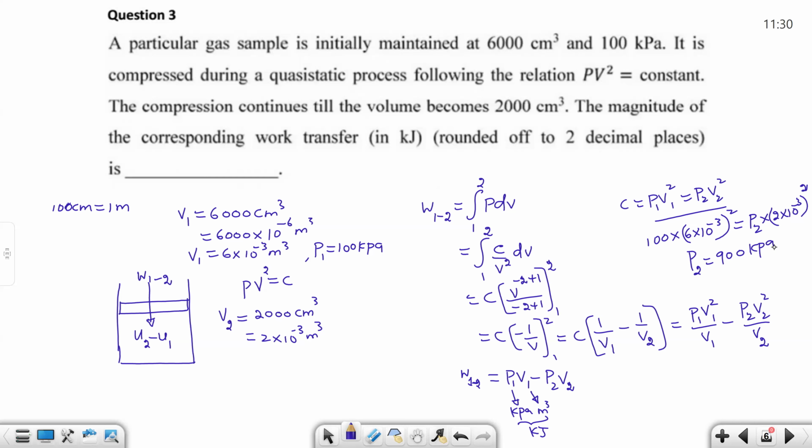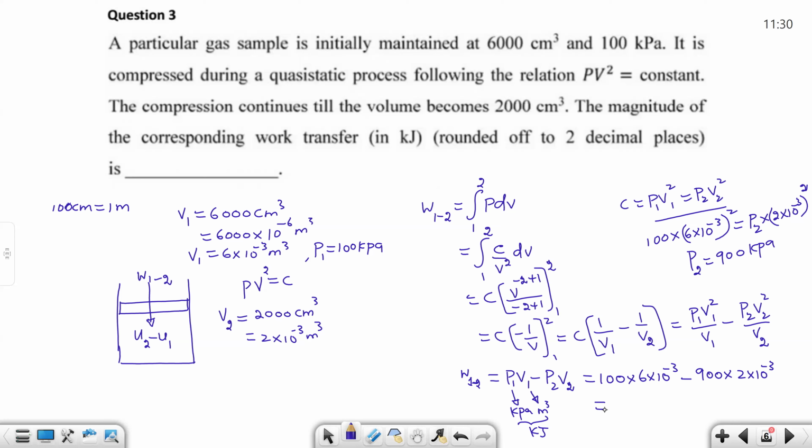Now you substitute those here. P1 is 100, V1 is 6 into 10 power minus 3, minus P2 is 900 into V2 is 2 into 10 power minus 3.